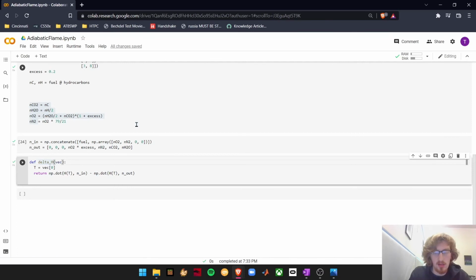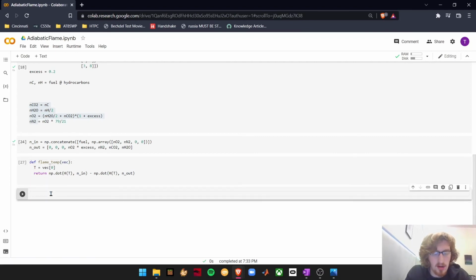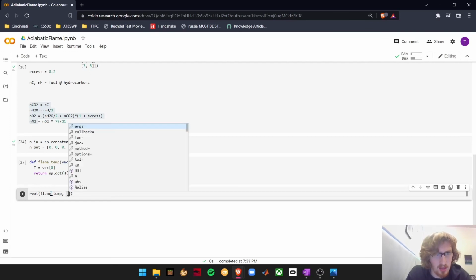And actually, this is not... There we go. That was not accurate before. All right, so we want to take the root of our flame temperature, and the vector we're going to be putting in is our initial guess.